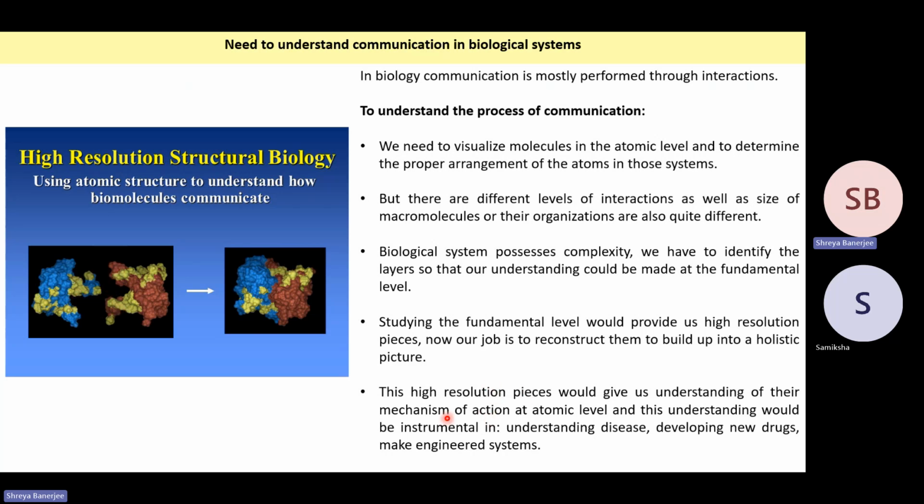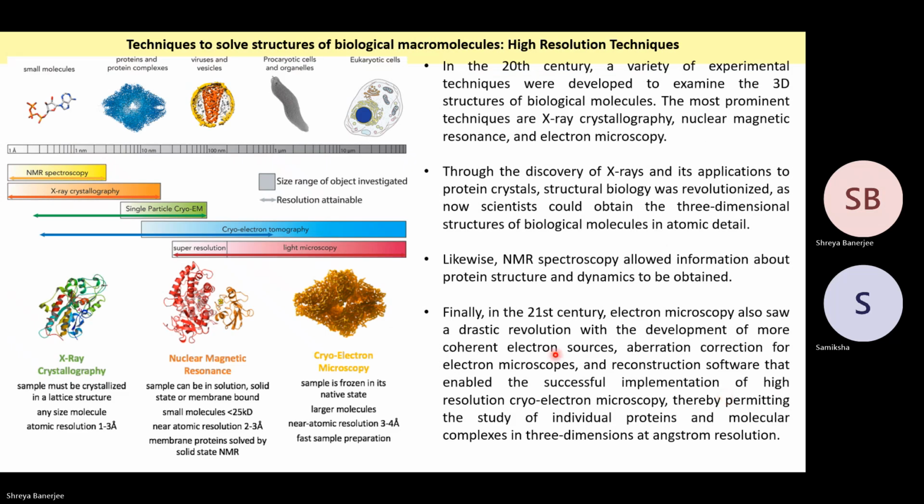So once you understand the structure at the atomic level, the mechanism of action will become very clear, and that will help us in understanding the basis of diseases and developing new drugs. So there are several high resolution techniques in biology. Here I'll briefly discuss the ranges of the different experiments.